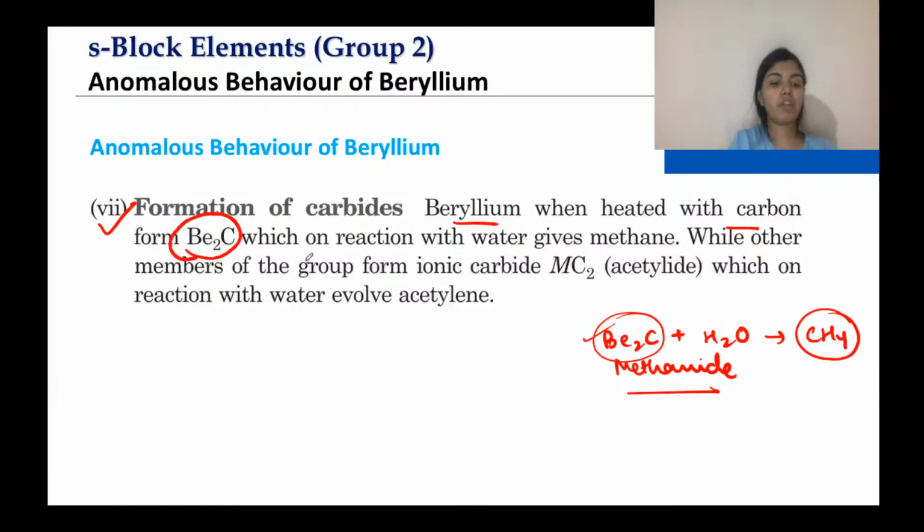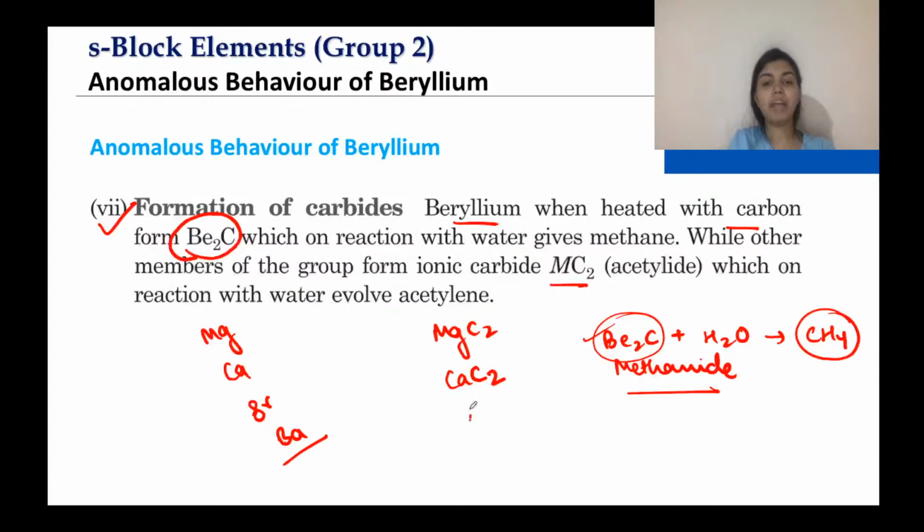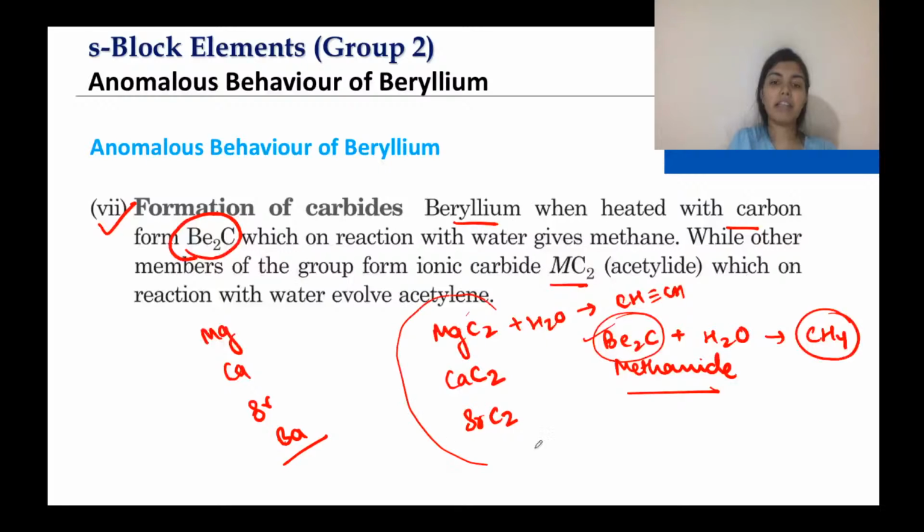While other members of the group, for example magnesium, calcium, strontium and barium, form MC2. That means magnesium will form MgC2, calcium will form calcium carbide, strontium will form SrC2, which on reaction with water give acetylene. That is why they are known as acetylides. Okay, so beryllium is a methanide while the rest of the members are acetylides.